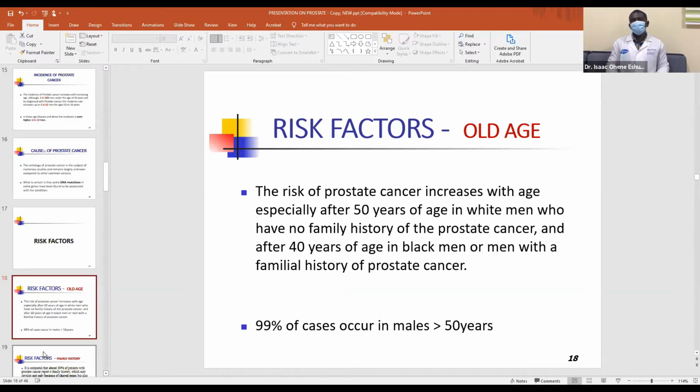So if you are looking at the incidence, a chunk of it is at the older age, meaning prostate cancer is most unlikely and very uncommon in the young. We can say it's more of a disease of the old. So we should also take note of that.